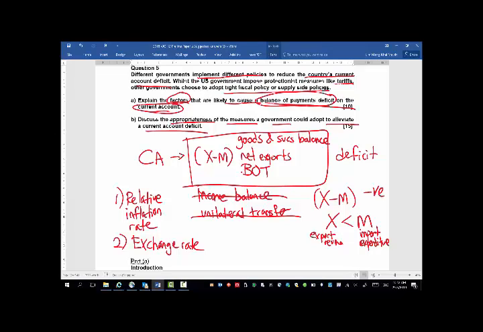Since everything else stays constant, this balance of trade deficit will lead to the current account deficit that we see. Okay, so appreciation here.